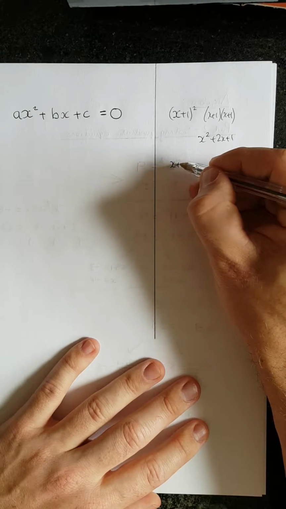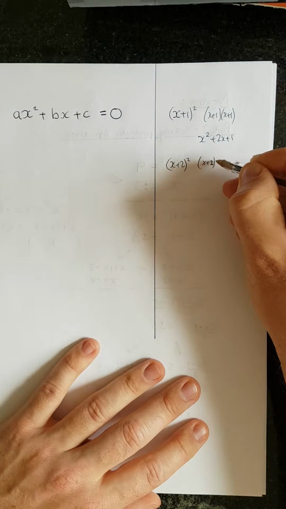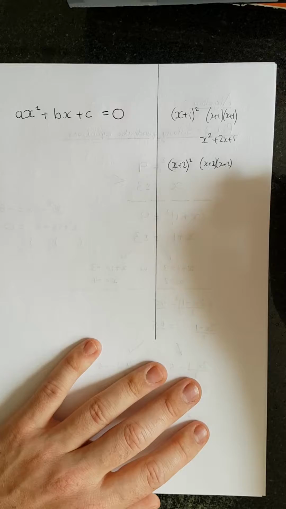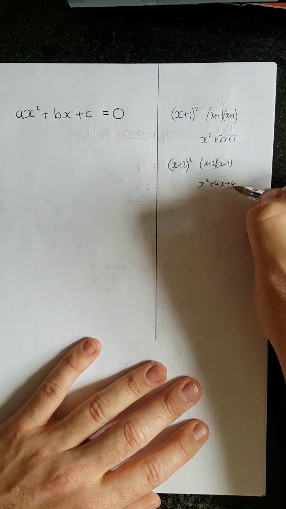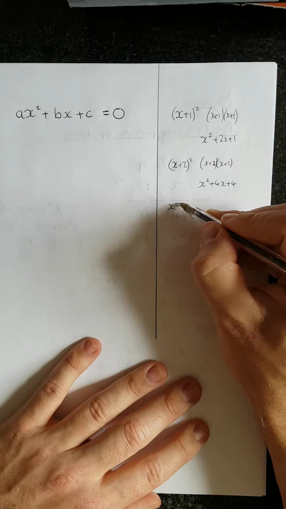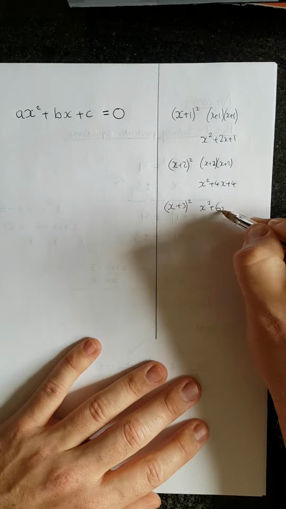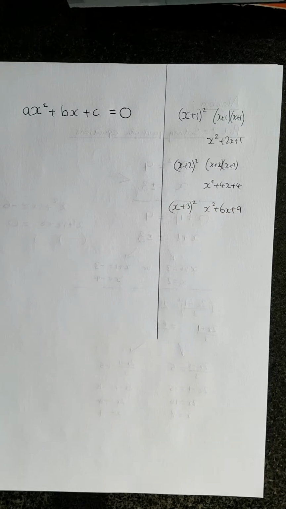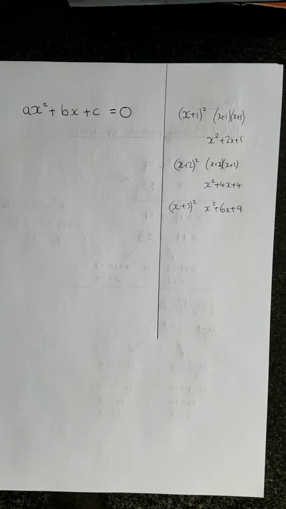If I had x plus 2 all squared, that's x plus 2 times x plus 2. So that's going to give me x squared plus 4x plus 4. The next one gives me x squared plus 6x plus 9. How did I get that so fast? What am I spotting?